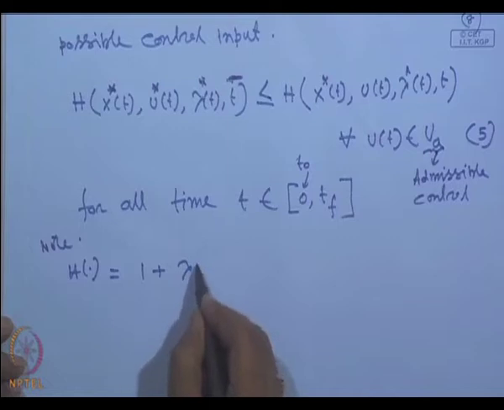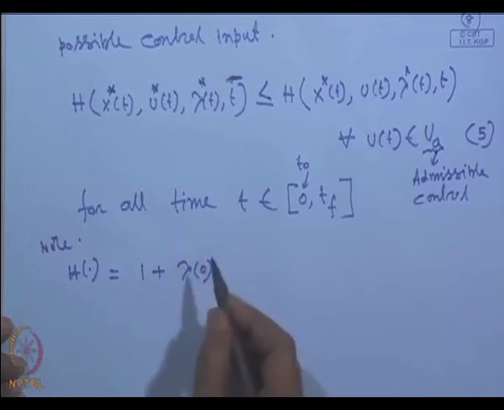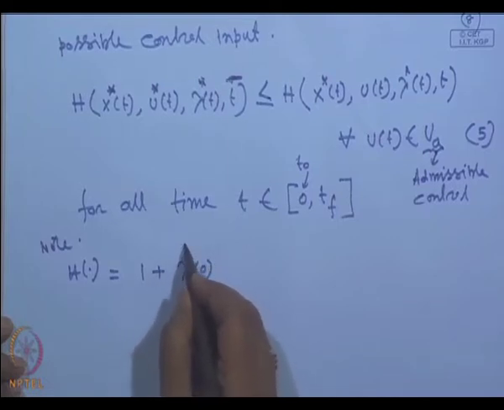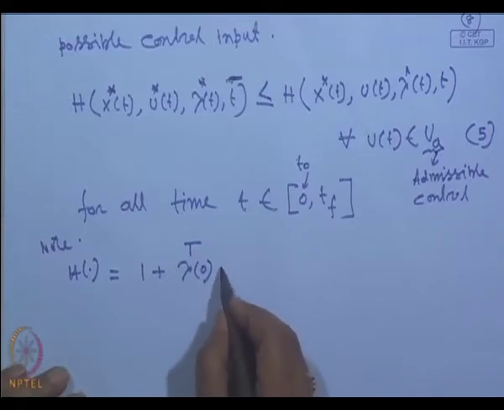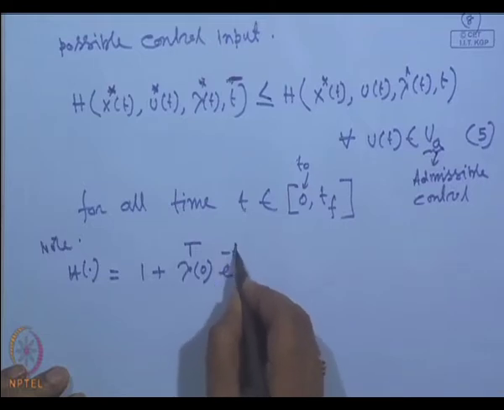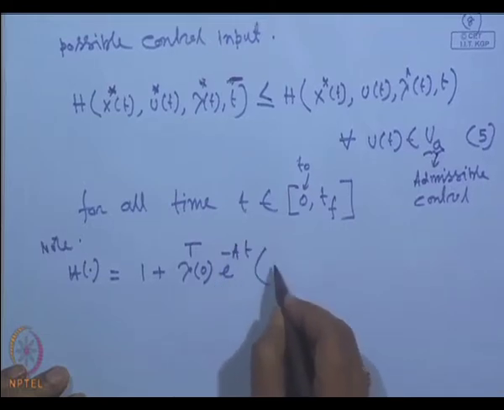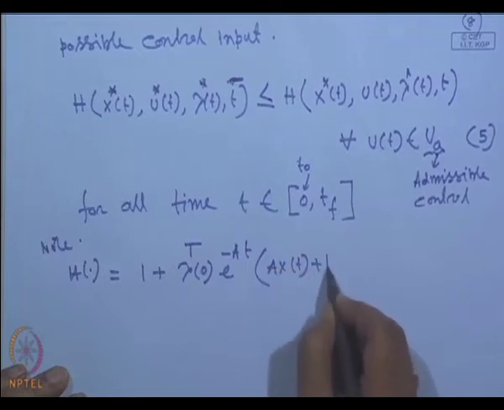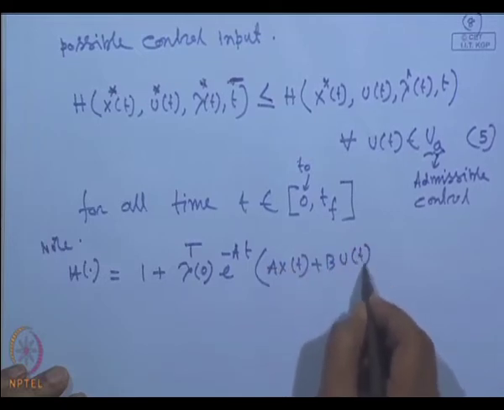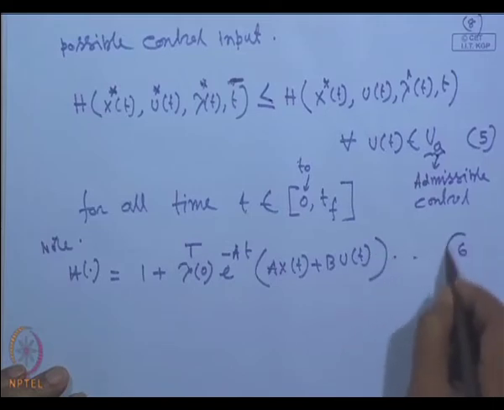Lambda transpose we have just noted in terms of the initial lambda 0 transpose, then e to the power of minus A t, then A of x t plus B u of t. Let us call this equation number 6.